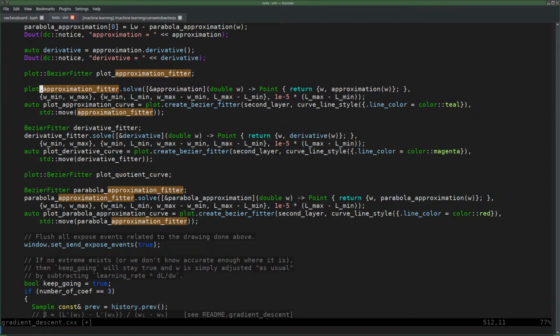And we can go do solve. Not approximation curve. No, maybe I should call that approximation curve. Plot the approximation curve, solve. Plot Bezier filter. This now must be an assignment.